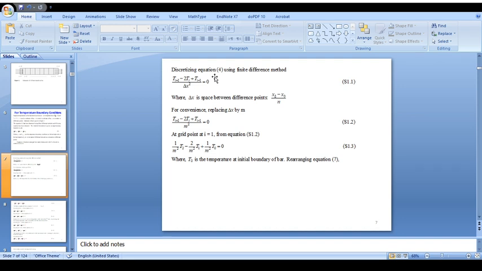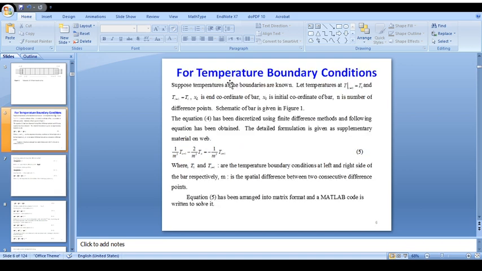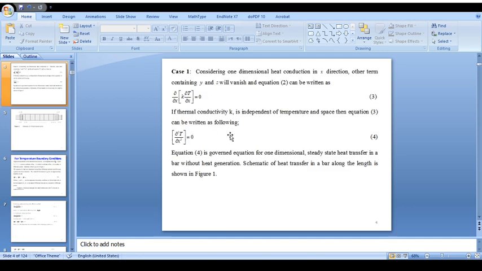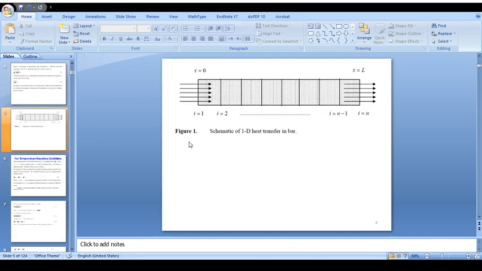So this is the simple central difference formula to calculate the second order derivative. This is how it goes: Ti plus 1 minus 2 Ti plus Ti minus 1 upon delta x square equal to 0. This is the central difference formulation of equation number 4.